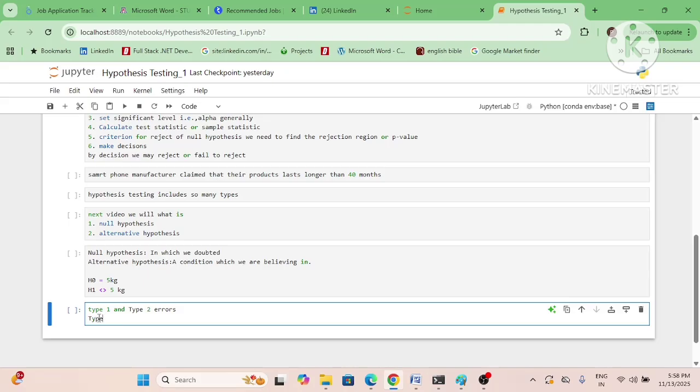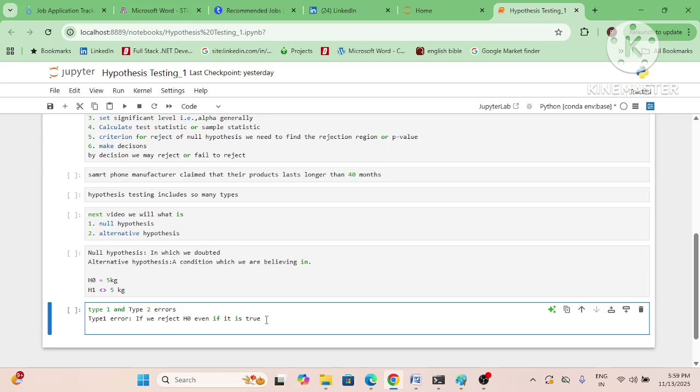Type 1 error is when we reject the null hypothesis even if it is true. That is, we are committing a type 1 error.